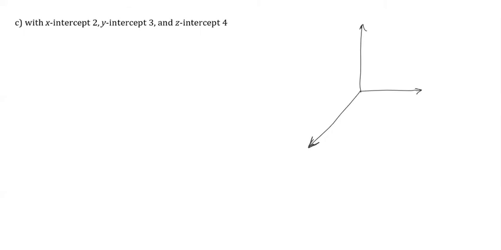If I have an x-intercept of 2, what does that mean about that point? Y is 0. What else? Z is also 0. Very good. Both of the other coordinates are 0, so that's important to note. So it's on the x-axis. So if this is point P, 2, 0, 0, the y-intercept is 3.